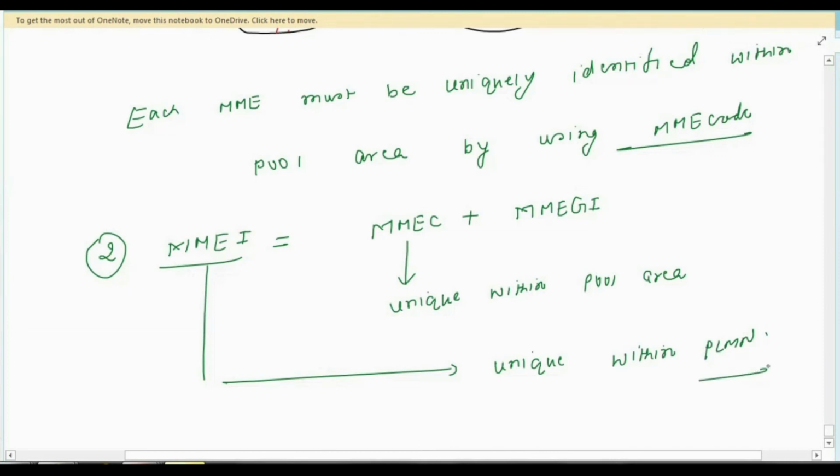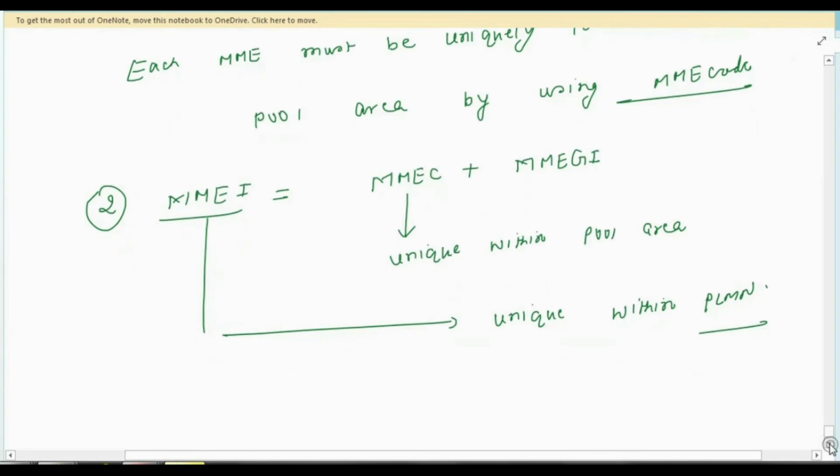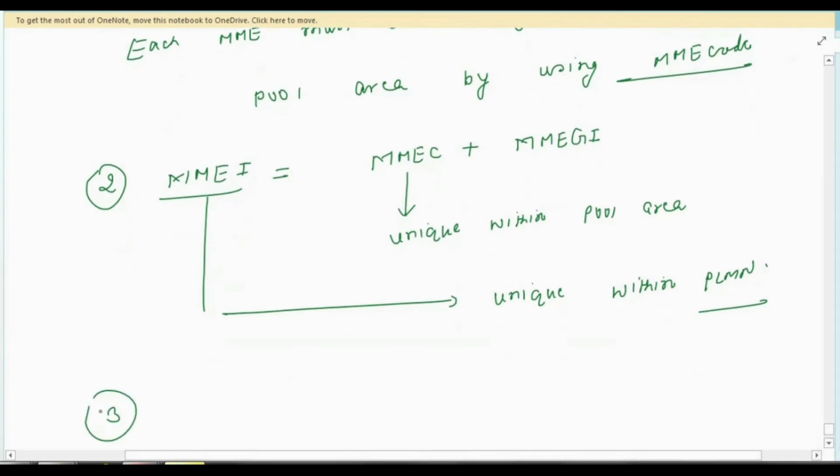Now watching the thing globally: can MMEI be used to uniquely identify the MME globally across the world, not only within the same PLMN? No, sir, there will be redundancy. Yes. Obviously across the world, the different PLMNs will have different PLMN IDs. So that is called the GUMMEI, the third identity.